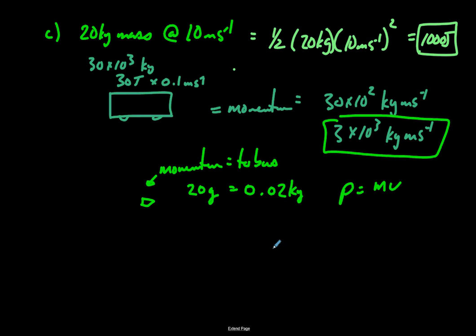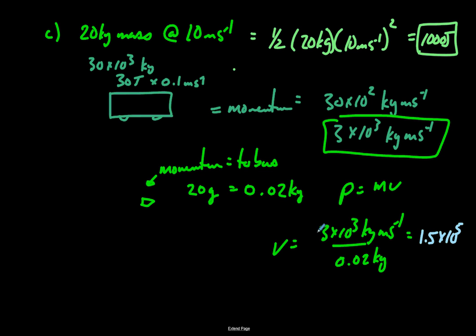If P equals mv, v should be equal to P divided by m, so 3 times 10 to the 3 kilogram meters per second, divided by 0.02 kilograms. What do we get for that? So you should get 1.5 times 10 to the 5, right? So 2 into 3 is 1.5, 2 more orders of magnitude added on, so we get 1.5 times 10 to the 5 meters per second.